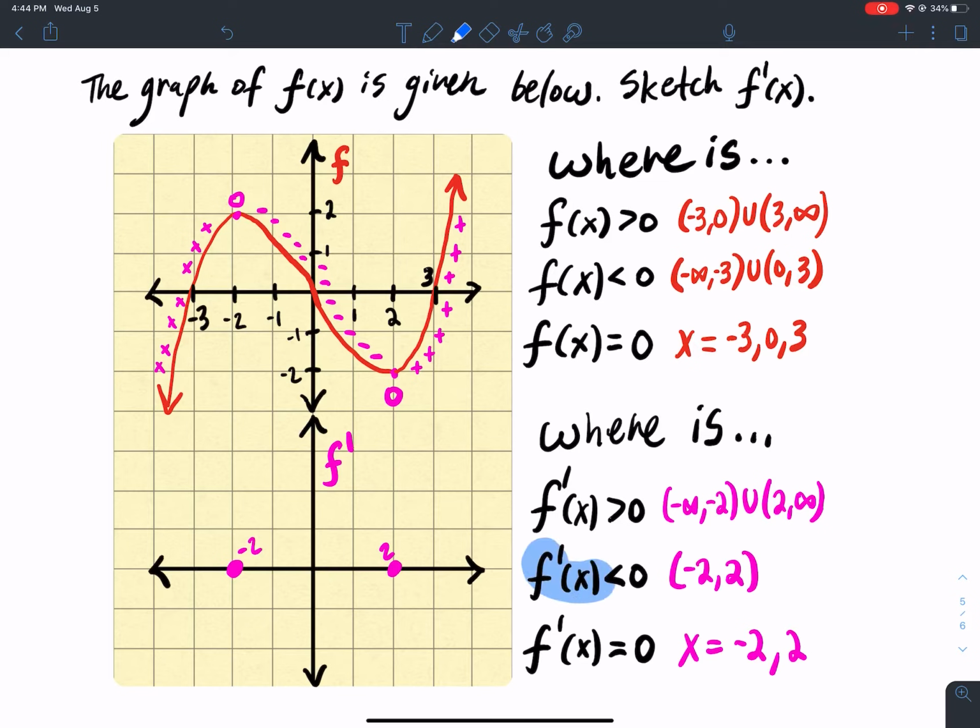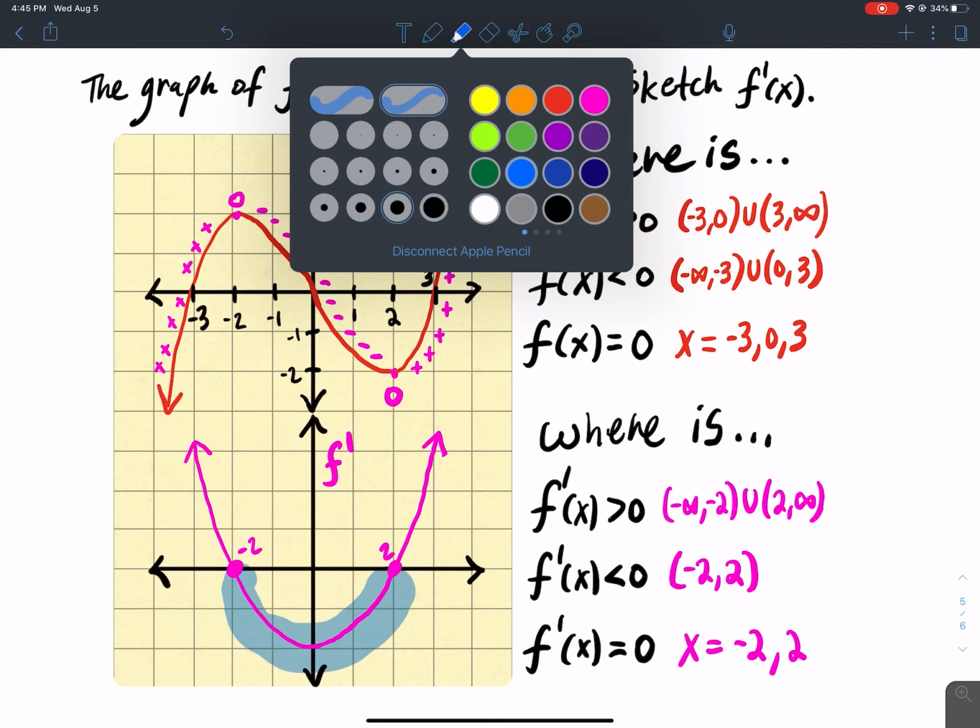Now I know that it's below the axis for values between -2 and +2, and it's above the axis here.